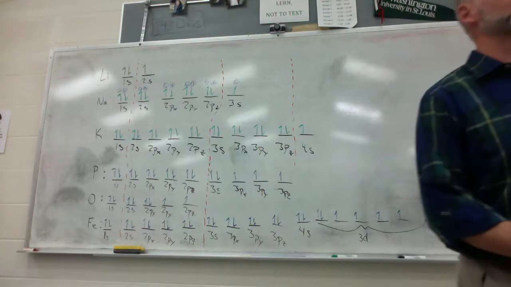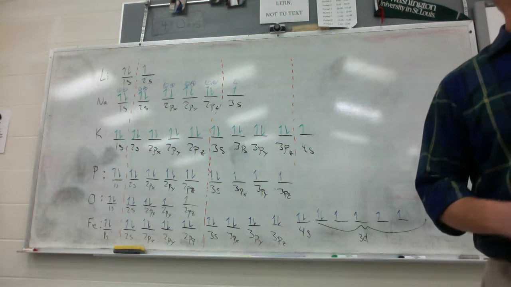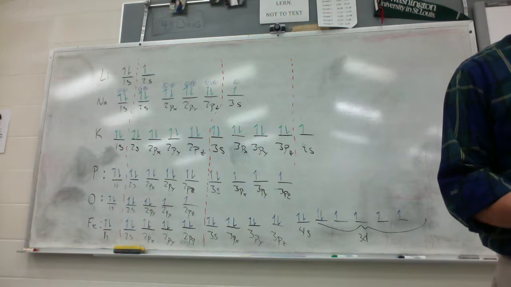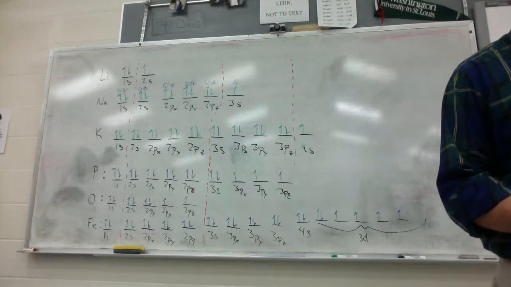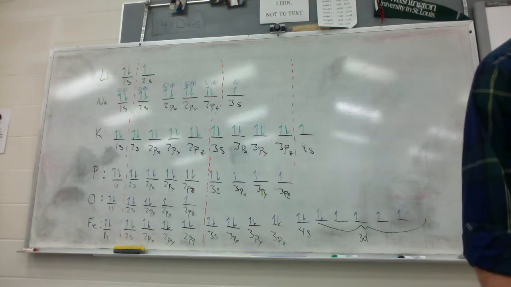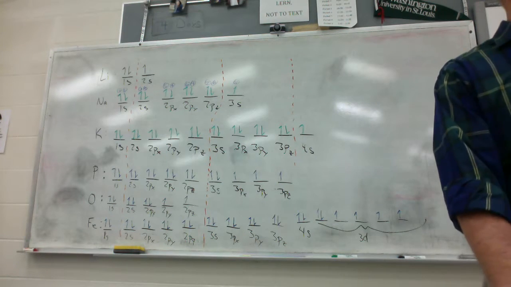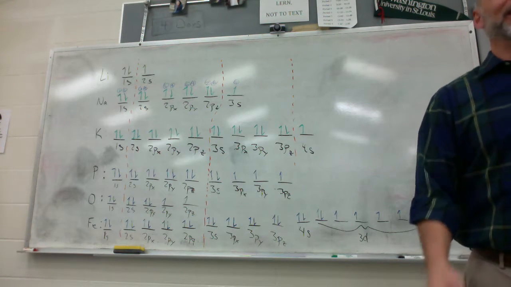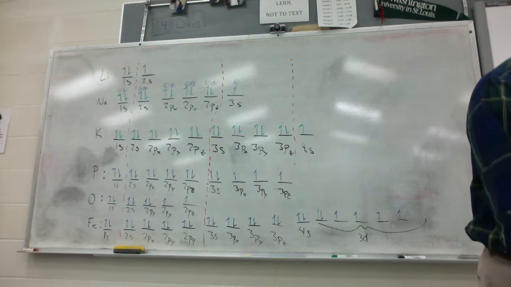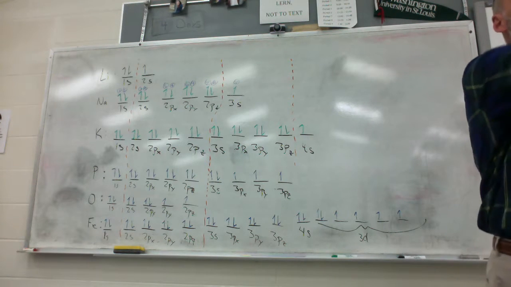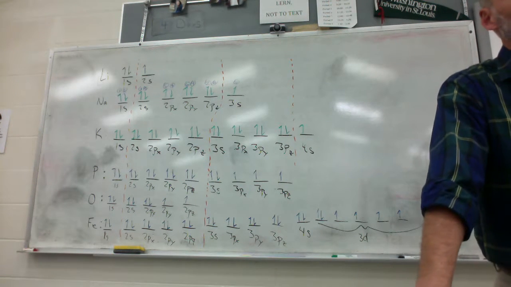Oxygen. How many valence electrons? Maya. She's going to look at the periodic table, which is fine. 4. No, because outermost energy level. Now, look on your periodic table and tell me how many valence electrons oxygen has.